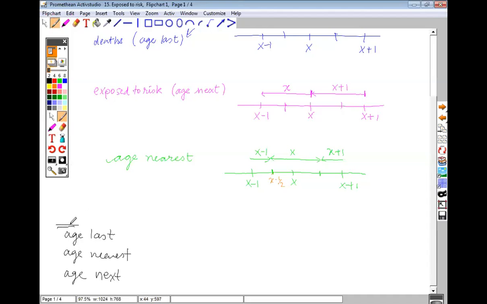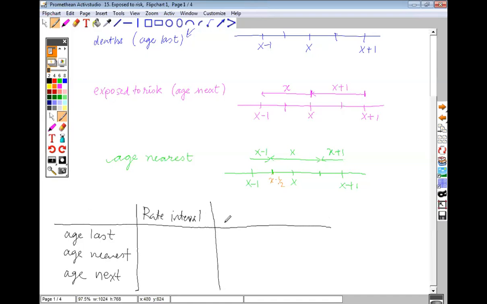All right, and now what I'm trying to do is just create a nice table which will help us. So in the first column, I'm going to write some rate interval. Then I'm going to write my estimate for mu hat.